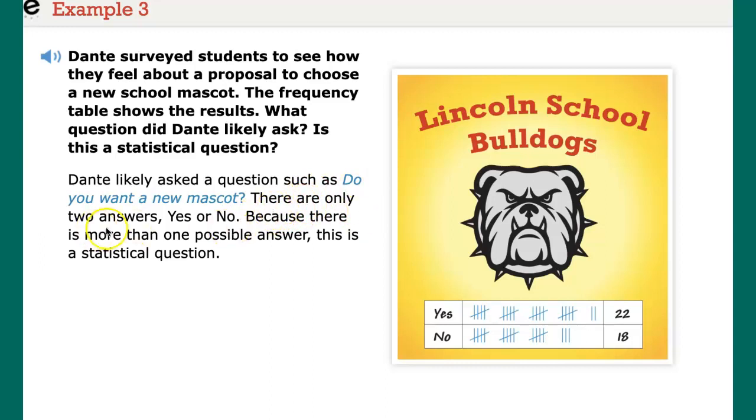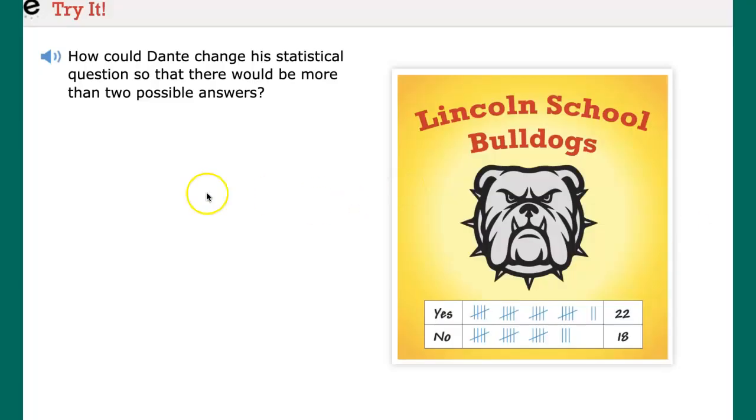There are only two answers, yes or no. Because there is more than one possible answer, this is a statistical question. Do you think you have any other questions that you could create for this one?